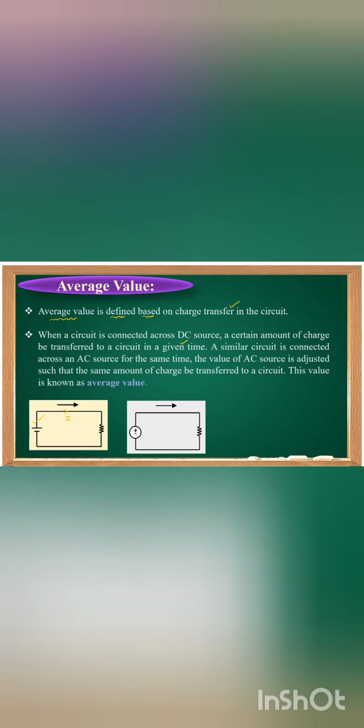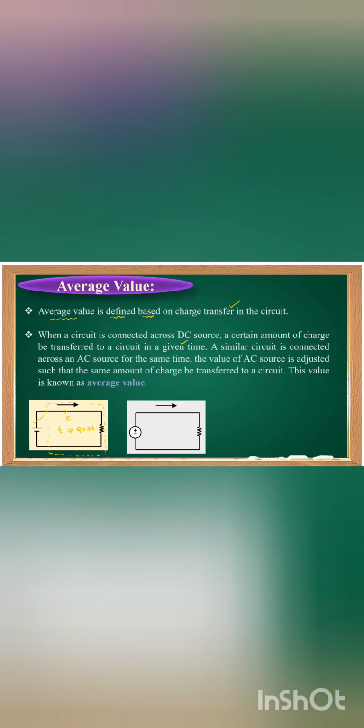Same circuit, this is the circuit. First, I connected it across a DC source. Whenever it is connected across a DC source, let during time t, Q charge be transferred. That is Q equal to IT, during time t.